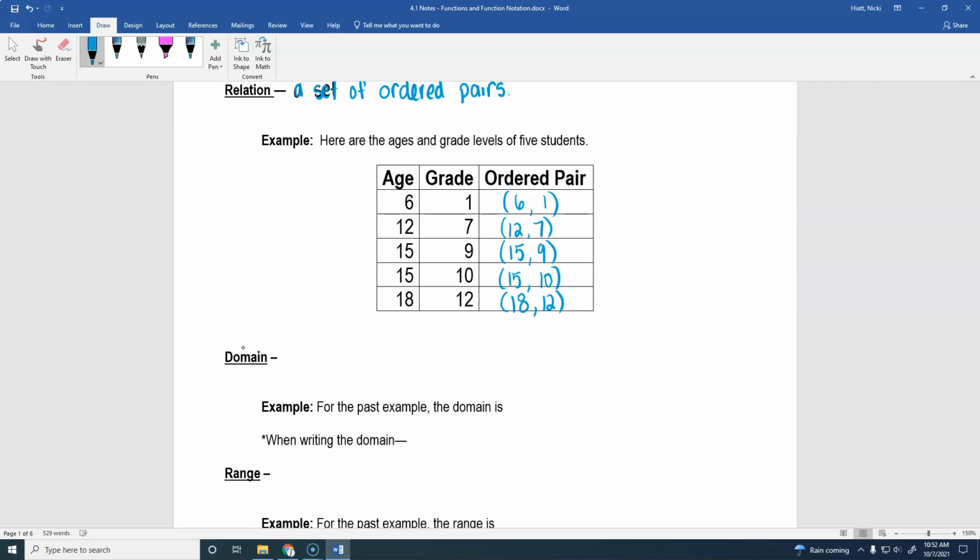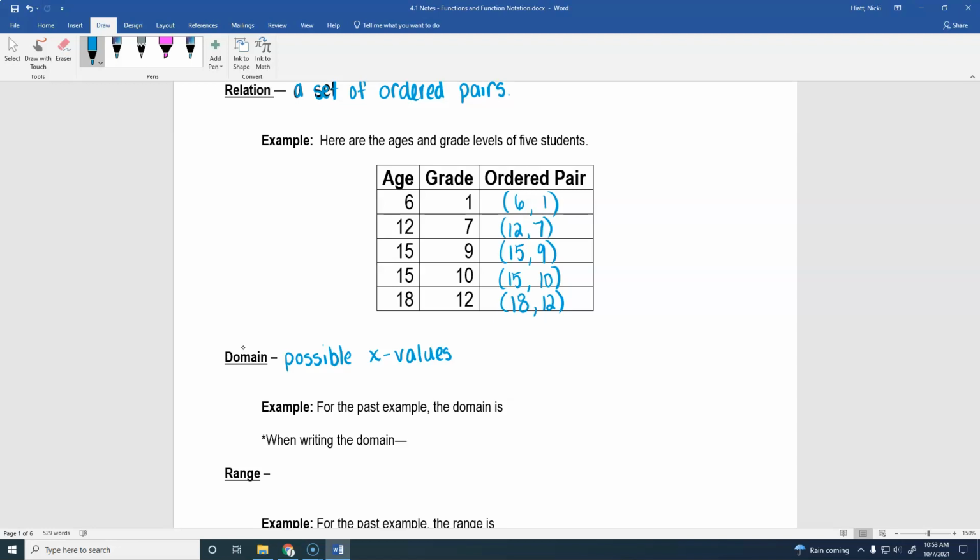The domain of a function is your possible x values. So when we are given a relation like we are given here, for our domain, we're just going to list the x values.